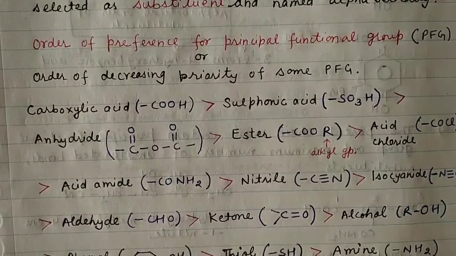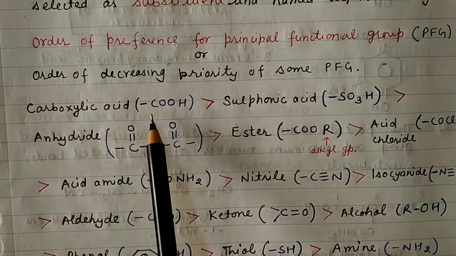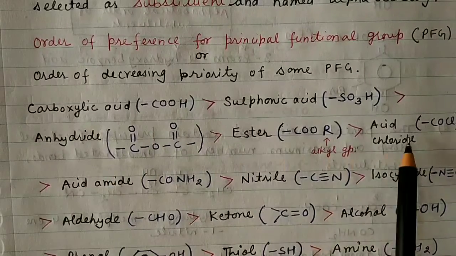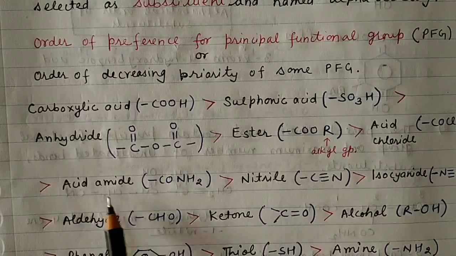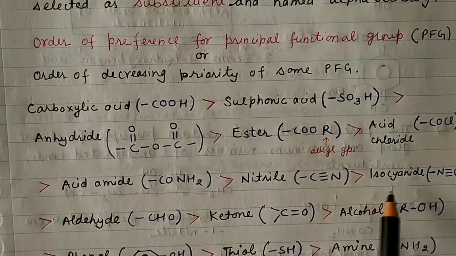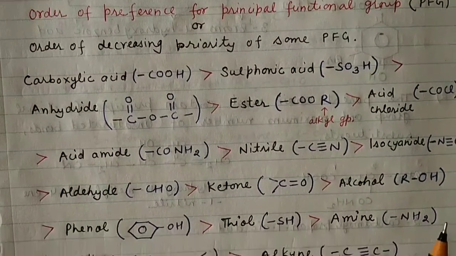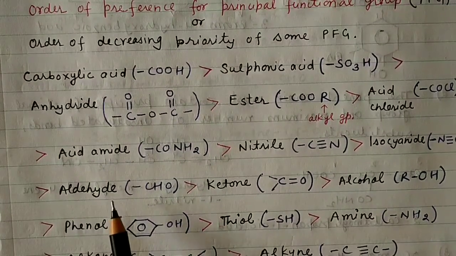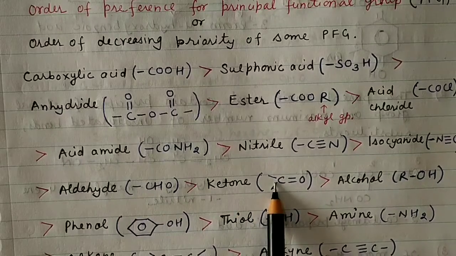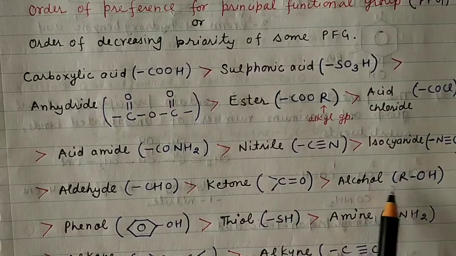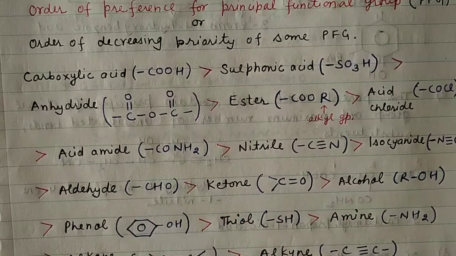Carboxylic acid is given the top priority, thereafter sulfonic acid, then anhydride, then ester, then acid halide, then amide, then nitrile, then isocyanide, then aldehyde, then ketone, then alcohol. So you have to keep in mind that aldehydes are given priority in comparison to alcohol, and alcohols have been given the least priority in comparison to ketone and aldehyde.